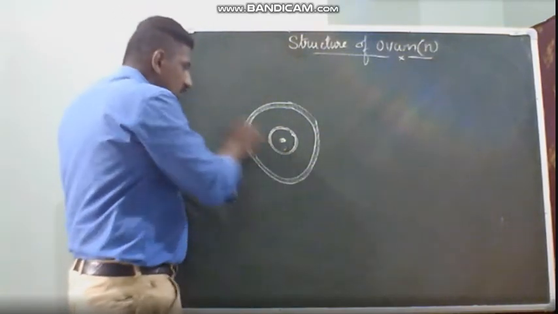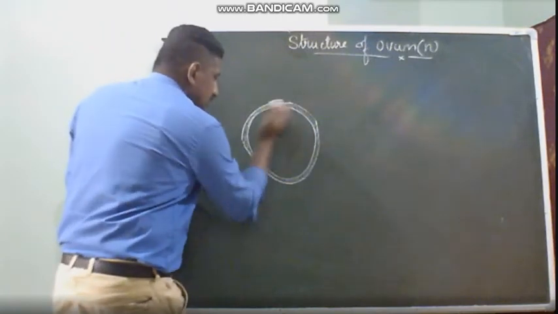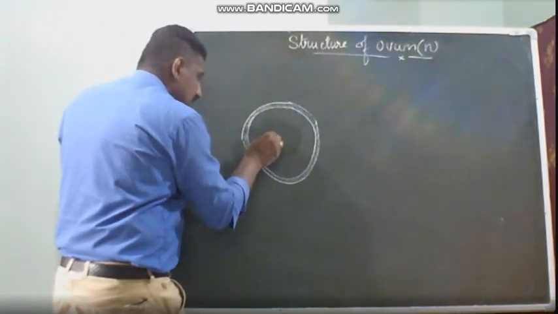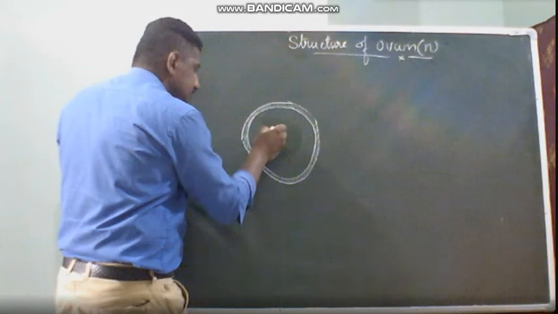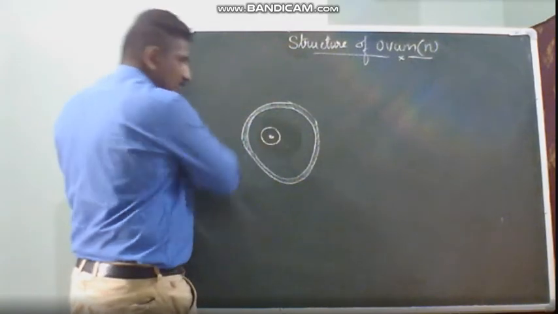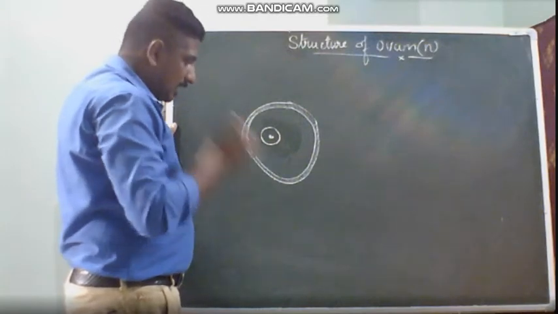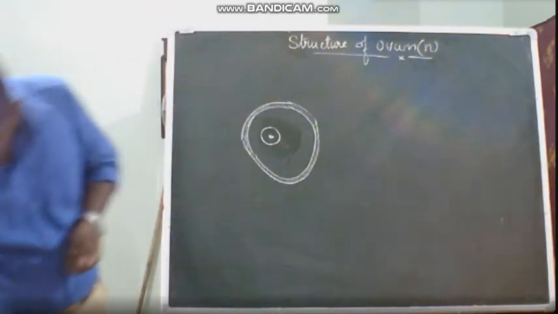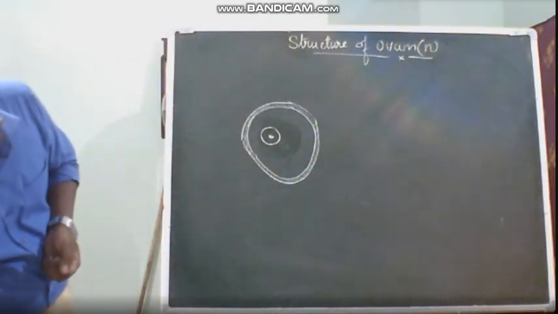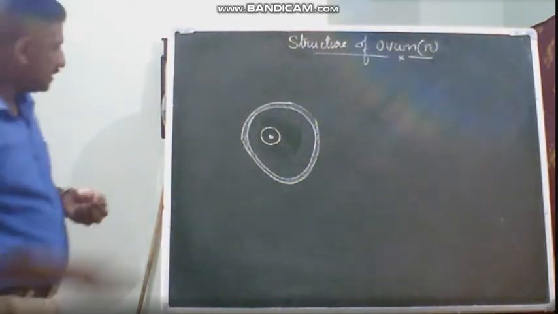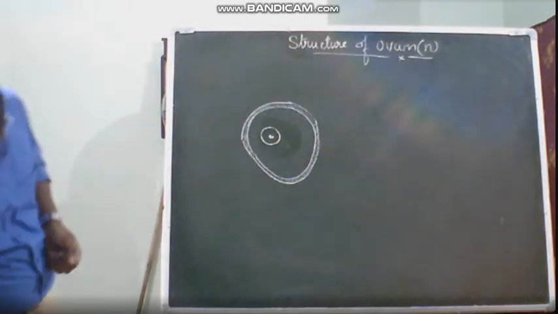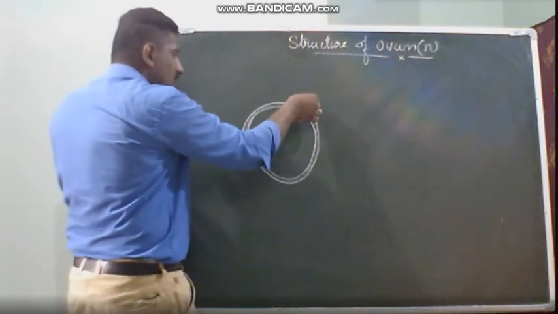Okay, nucleus is over. I'll do one thing. I'll just push the nucleus a little bit over here. And this is the ectoplasm or the ooplasm. Above this, I should draw another thick layer, a little bit thicker than the vitelline membrane.